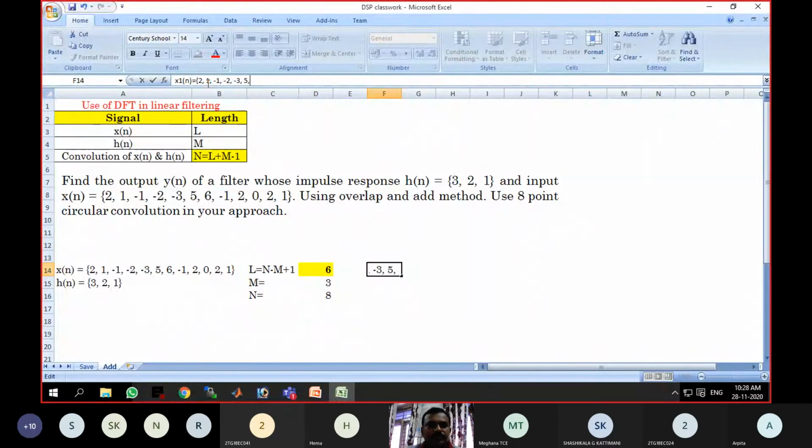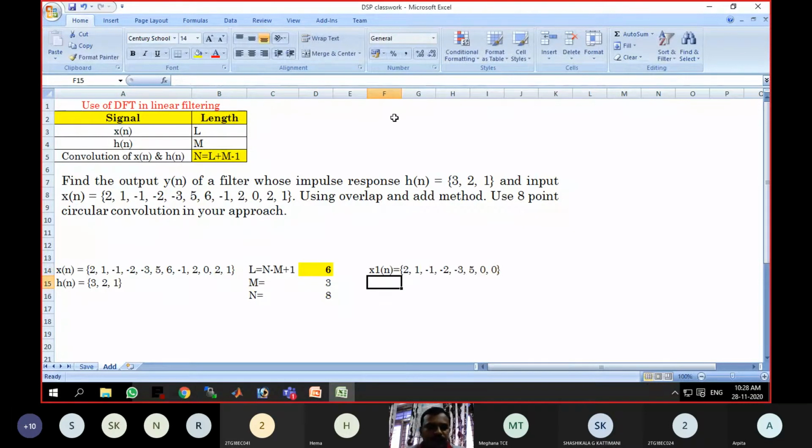That is 6 elements, L elements from the original sequence. And for the remaining, M is 3, so M minus 1 is 2, so I am adding an extra 2 zeros to frame the first block.